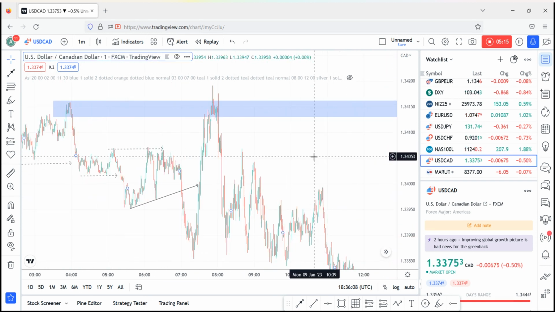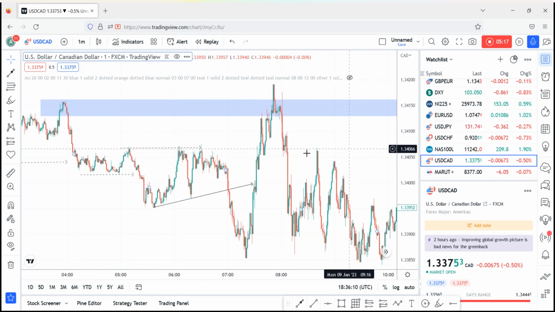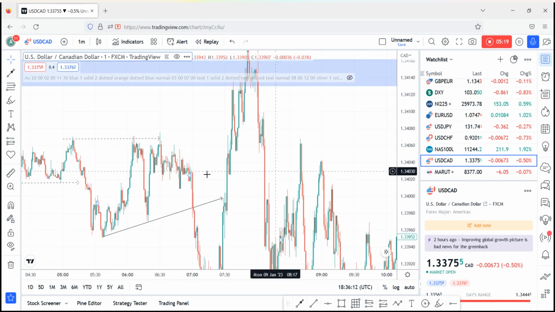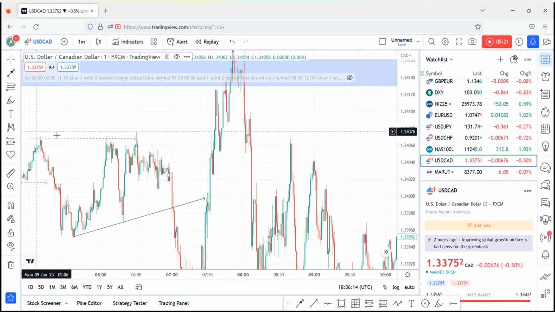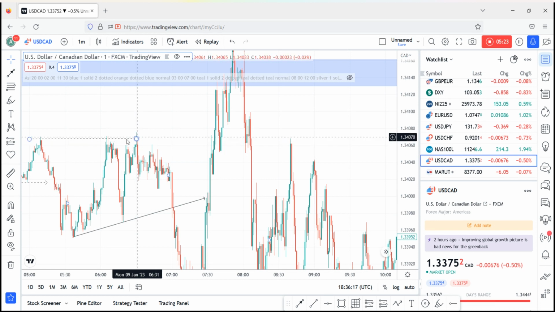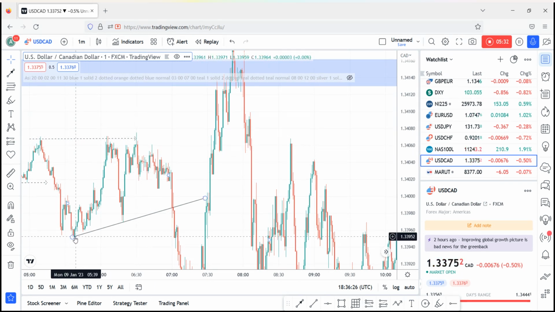I took entry from here. You can clearly see market just swept the liquidity, went to the downside, and what I did was I waited for the 1 minute candle close, and then on the 1 minute candle close I took entry from here, and my target was from here to here.